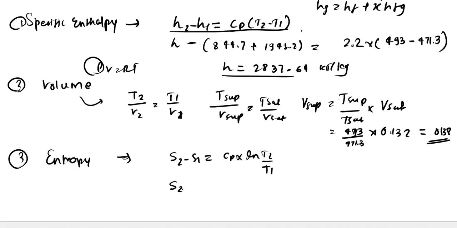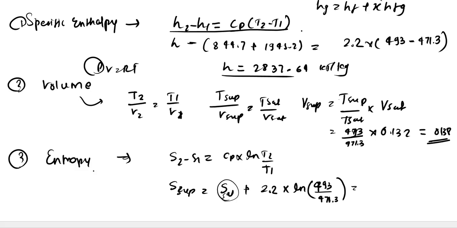So we can calculate S2, which is at superheated, as S1, which is S saturated, plus Cp, which is 2.2, into ln of T2 by T1, which is 493 divided by 471.3. To calculate this, you need to first calculate the S saturated.